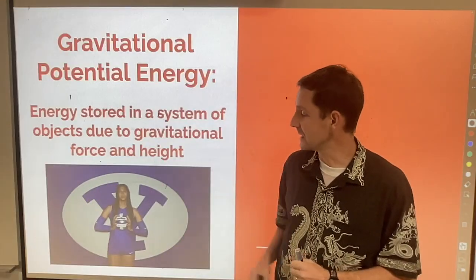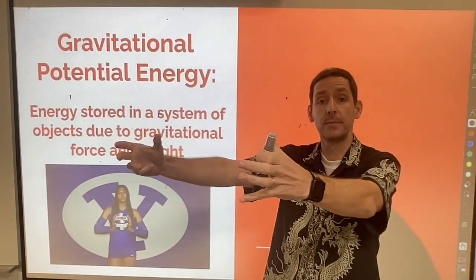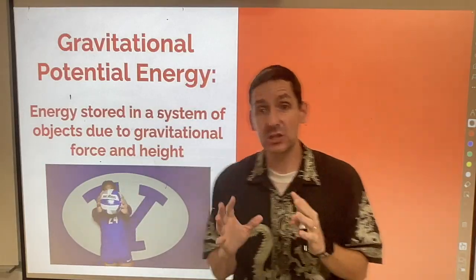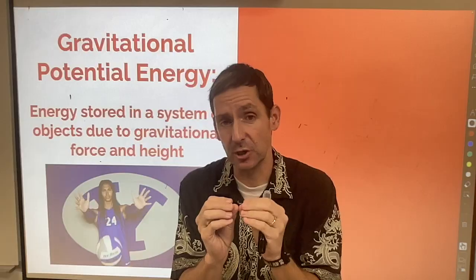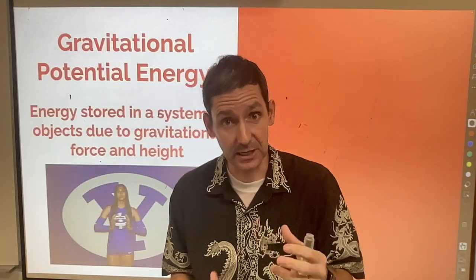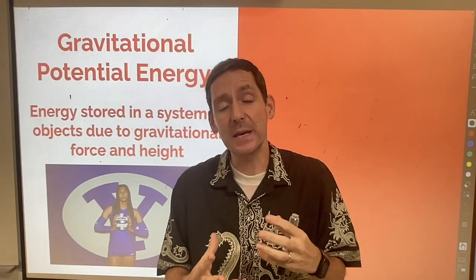But what you can see is that as she holds the ball out, it has what we call gravitational potential energy. Now, the ball doesn't have gravitational potential energy by itself. The ball and the Earth system have gravitational potential energy, because of the gravitational interaction between them.